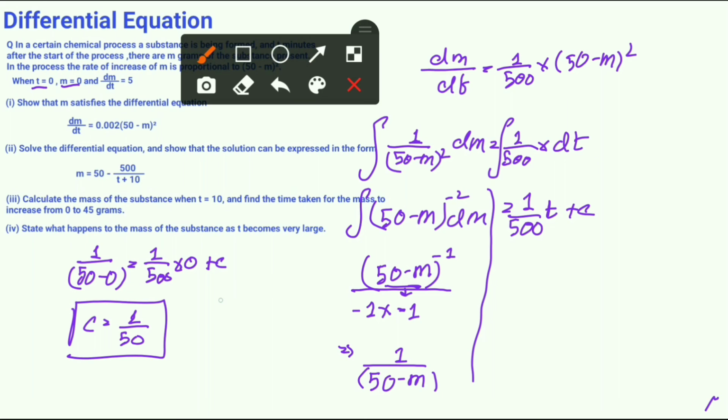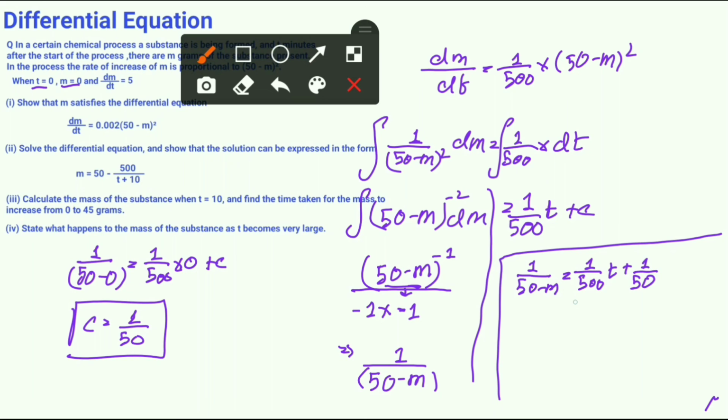Put all of this together, and it's going to be 1 upon 50 minus m is equals to 1 upon 500 t plus 1 upon 50.